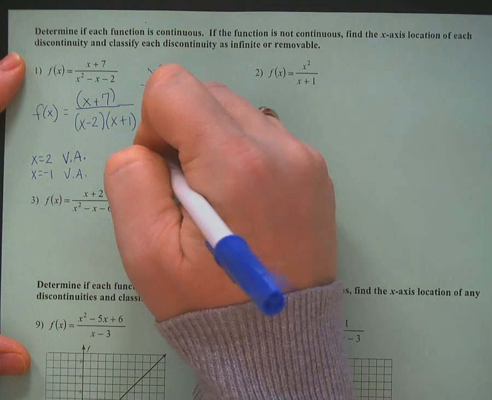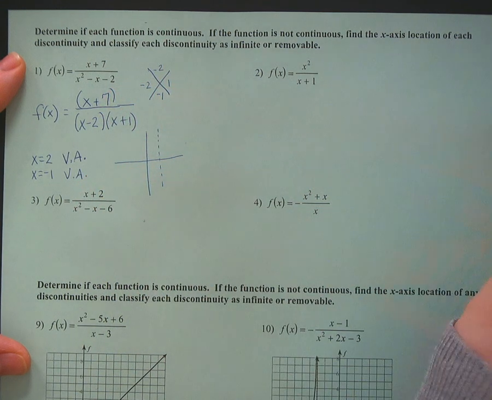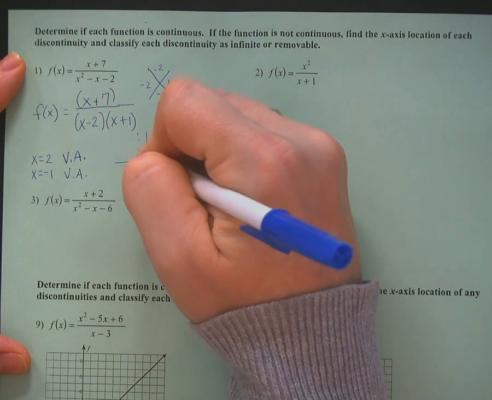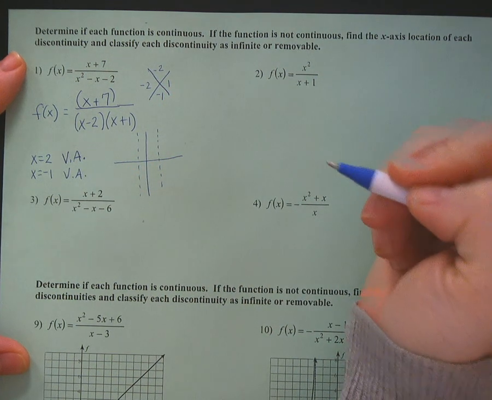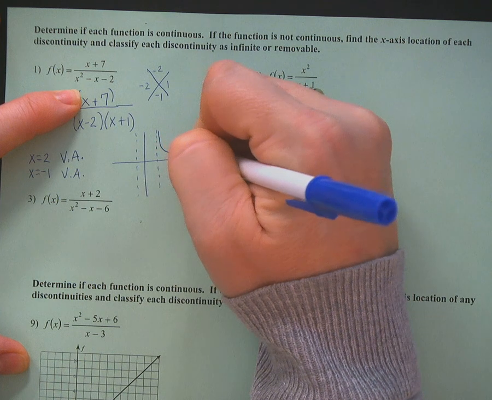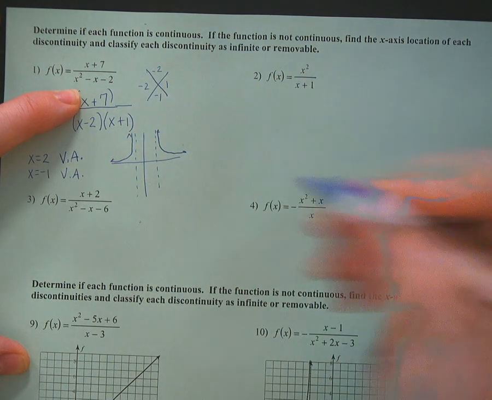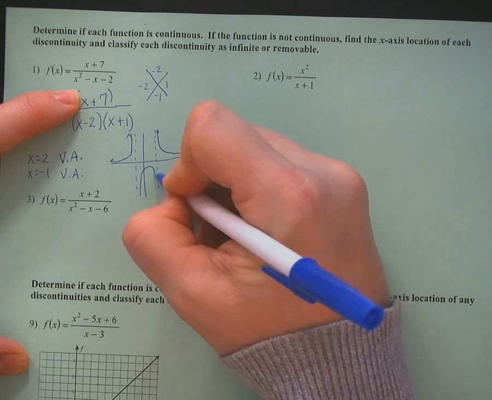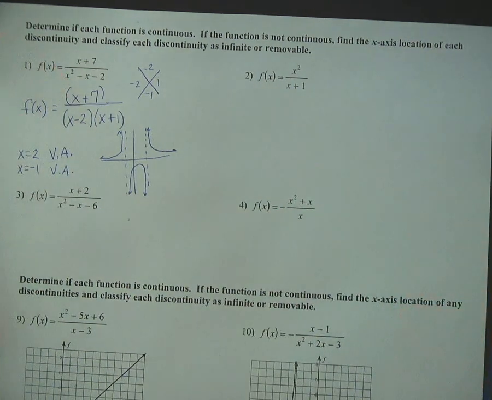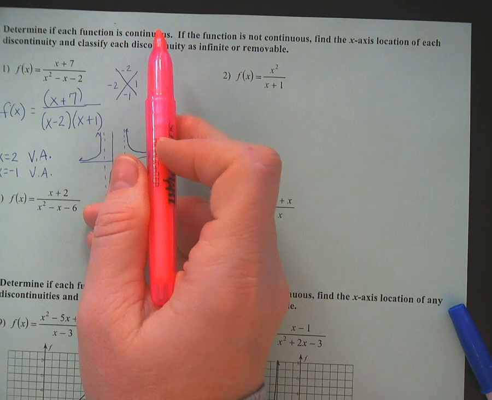That means that this graph is going to have a vertical asymptote at 2, a vertical asymptote at -1, and since the denominator is x squared, that means it's going to look something like this. And this middle chunk is going to go down like this. Now, if you notice in the directions, it says determine if each function is continuous.